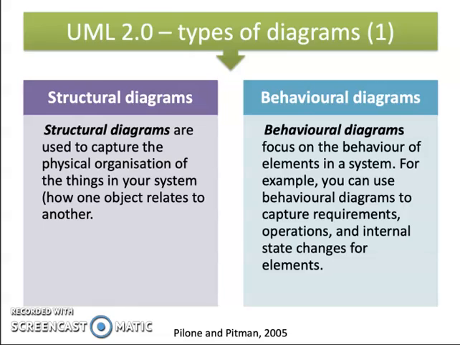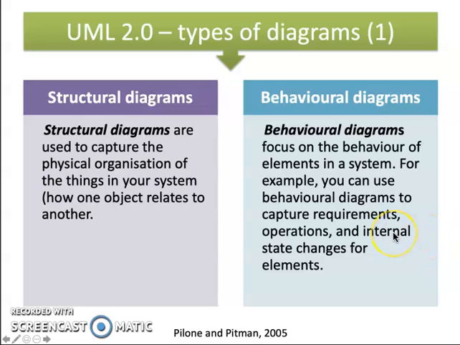Structural diagrams are used to capture the physical organization of the things in your system, so how one object relates to another, or how your system is structured. And then behavioral diagrams focus on the behavior of the elements in a system, such as to capture requirements, operations, and the internal state changes of elements in your system.